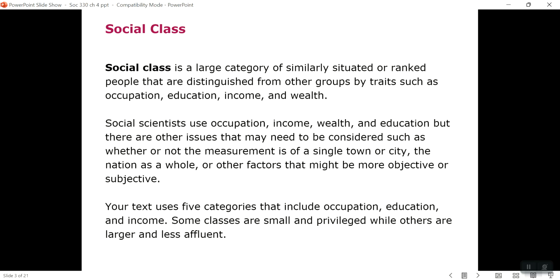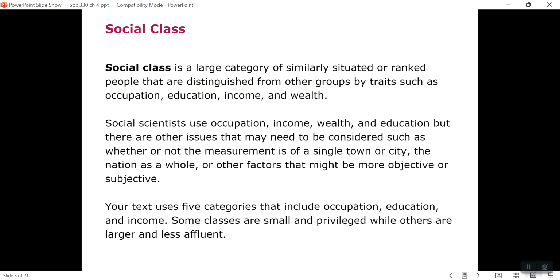When sociologists, political scientists, academics talk about social class, they're referring to different groups of people who have a similar situation. They live a similar lifestyle, have similar levels of education, occupations, etc. And so you can find that different textbooks, different political scientists, different sociologists use different classifications.